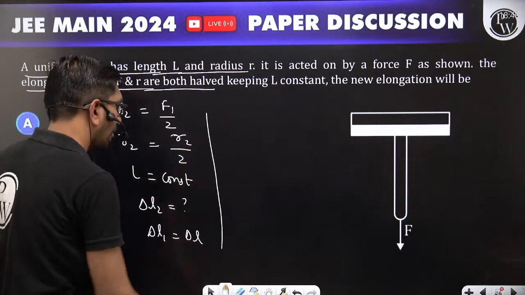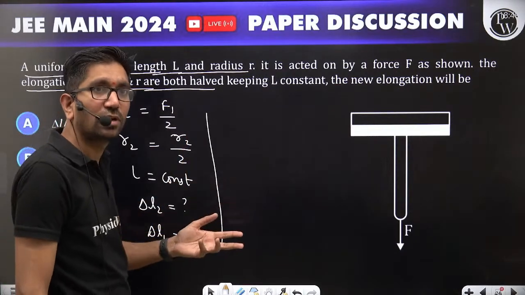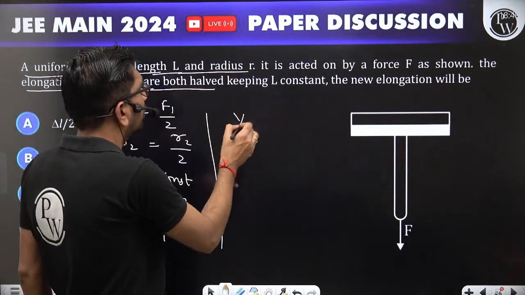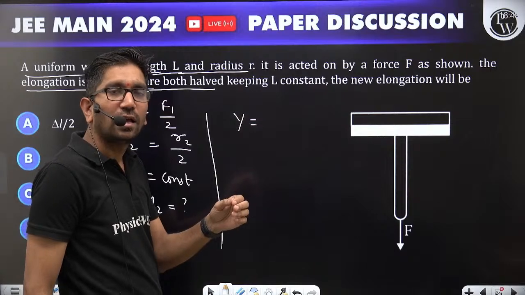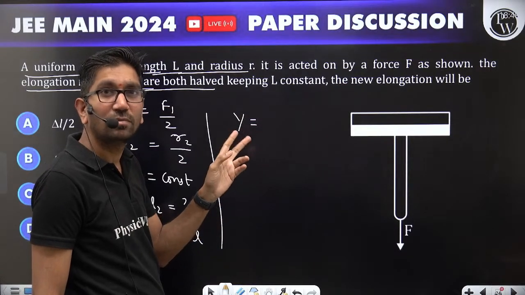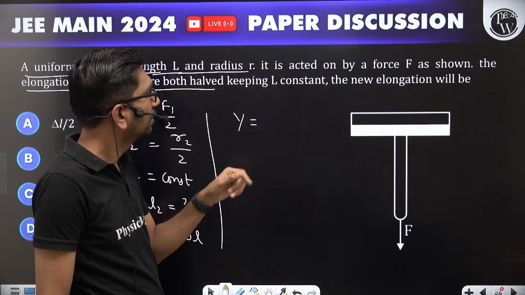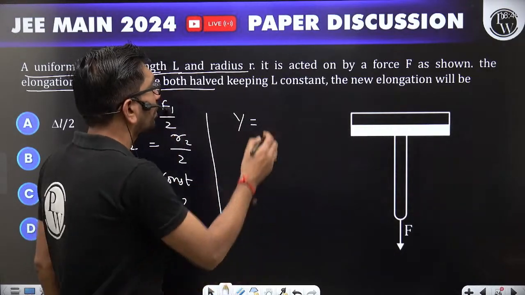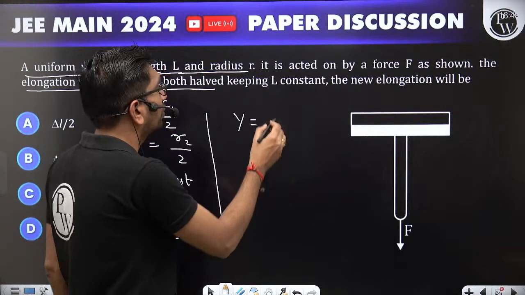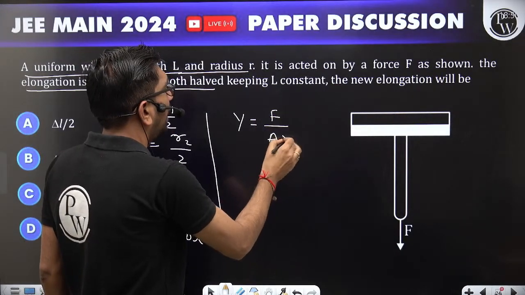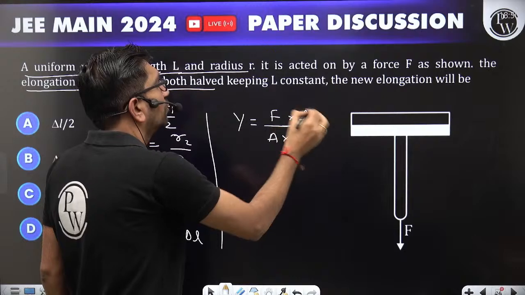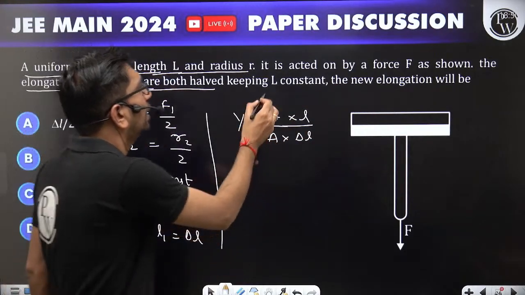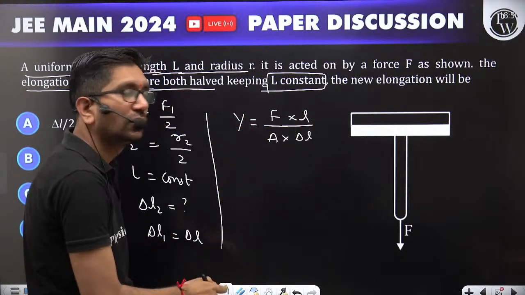Now, Young's modulus. By observing this, we come to know that we have to use the Young's modulus formula. Just now we solved a numerical belonging to Young's modulus only. What is the formula, beta? Y is equal to F by A, divided by delta L, the change in length, by L, the original length. Keeping length constant, don't touch this.